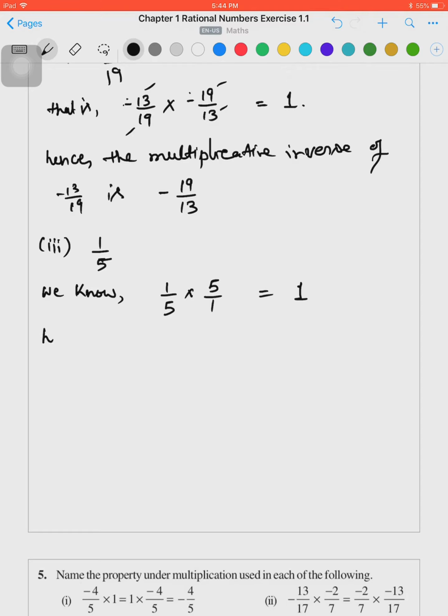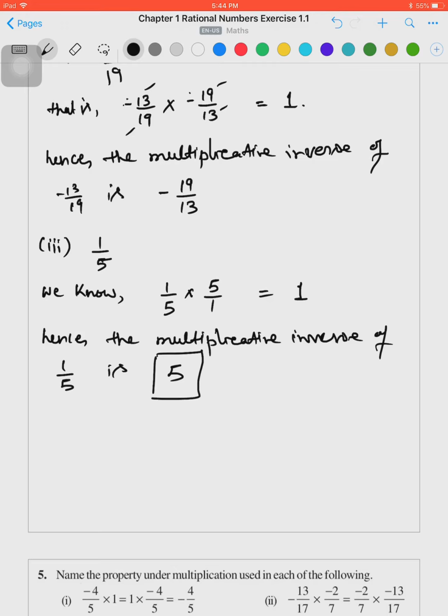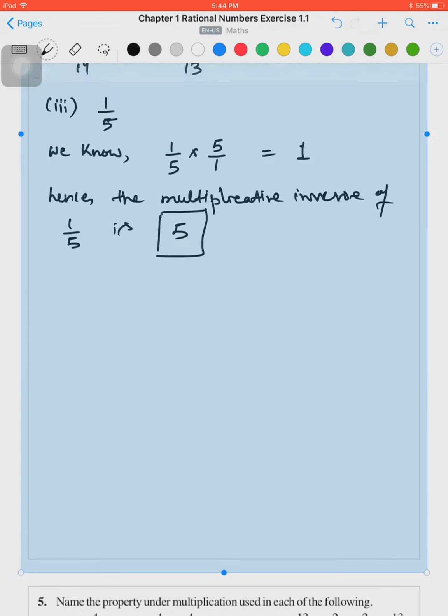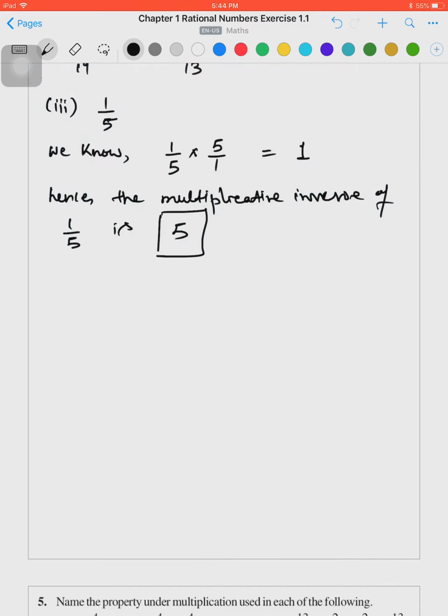Hence the multiplicative inverse of 1 by 5 is 5. Okay, that's how you have to write the answer. Simply, multiplicative inverse is the reciprocal of the original number. I hope you know what is reciprocal. We have already discussed that in the previous class.